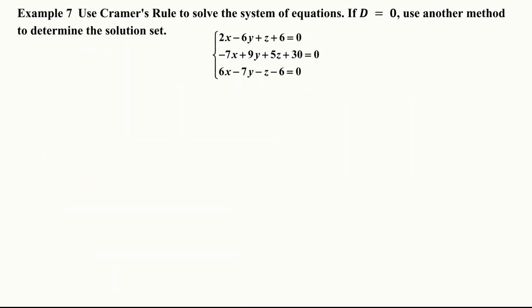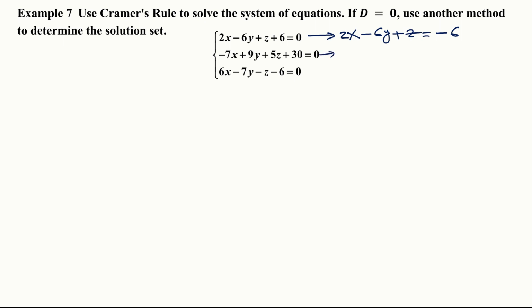All right, here's another problem we're going to try using Cramer's rule. If you notice, these equations are not in the proper format. That's what we're going to do first. So let's go ahead and put them all in proper format. See if you can do it on your own. So 2x minus 6y plus z equals what? Negative 6. We're going to move the constants to the other side.